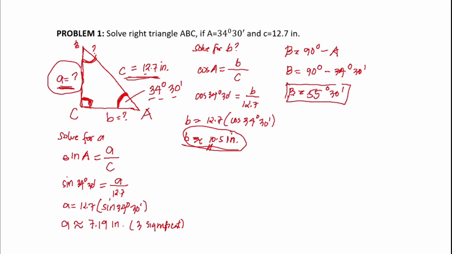So we have now completed the unknowns of the right triangle: the angle B, the side A, and the side B. In this case also, class, we could use the given information here, because that is exact when you subtract 34 degrees and 30 minutes. That is only an alternative, but we have to make use of the given information.